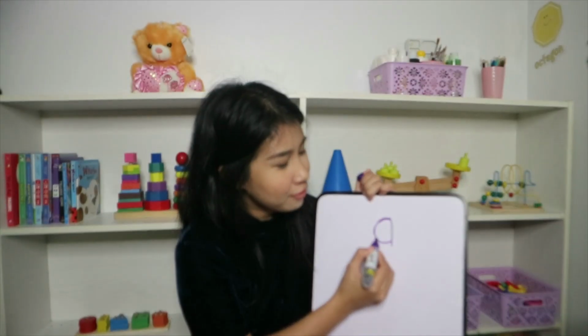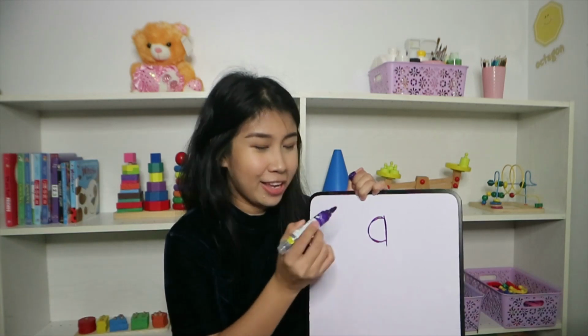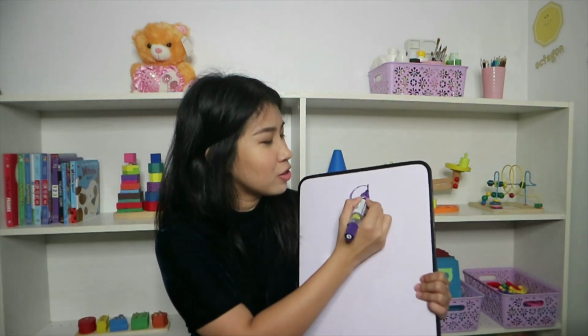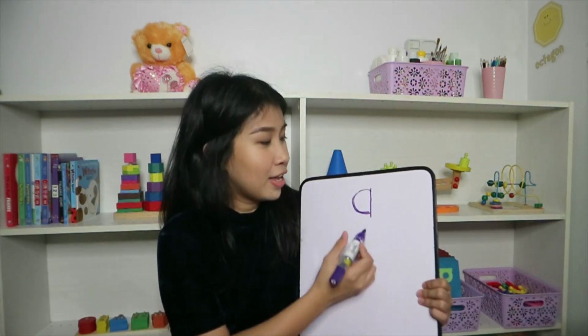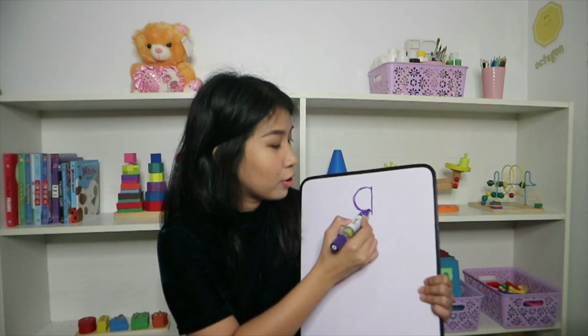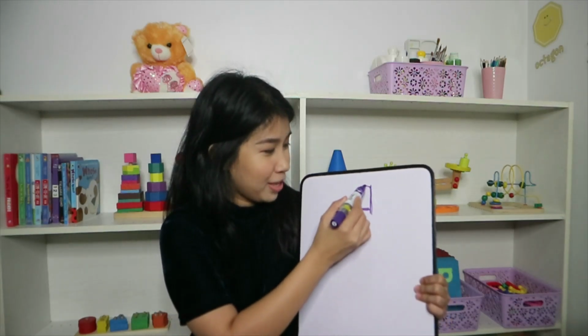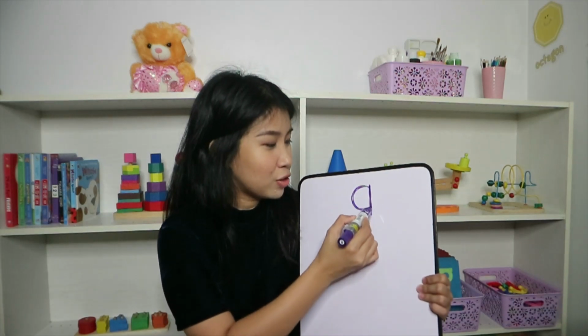Small curve and a small straight line. Make a curve and a small straight line, and that's the baby A.